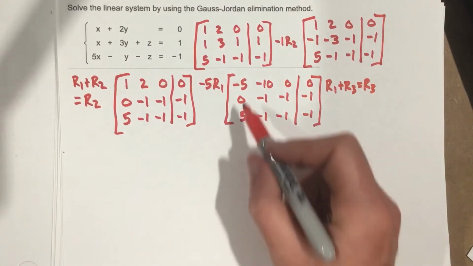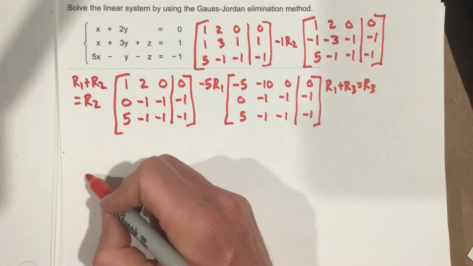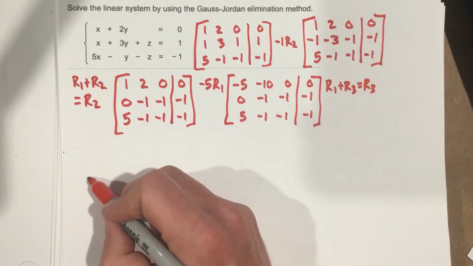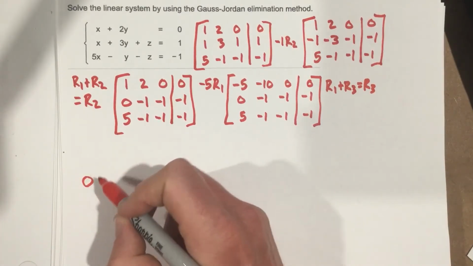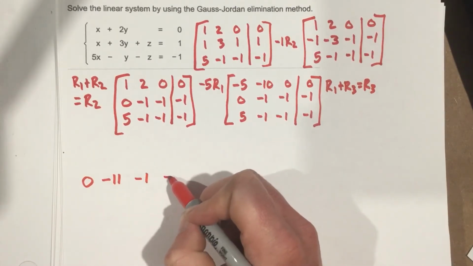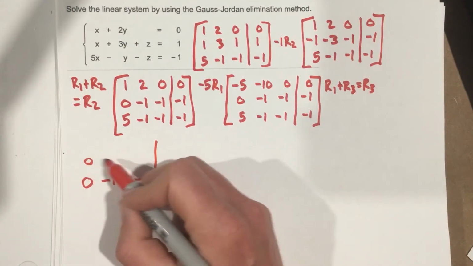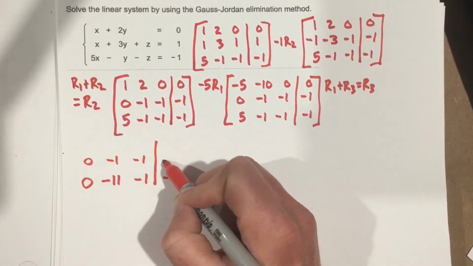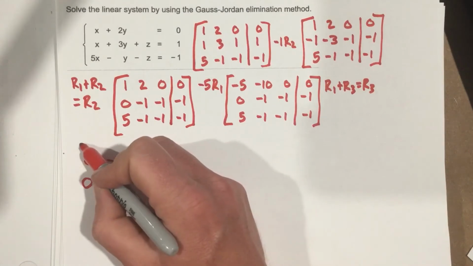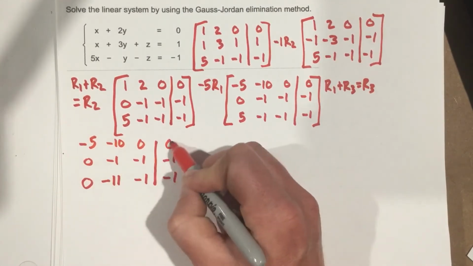So we're going to have 0, negative 11, negative 1, negative 1. Then 0, negative 1, negative 1, negative 1 here, and negative 5, negative 10, 0, 0 there.